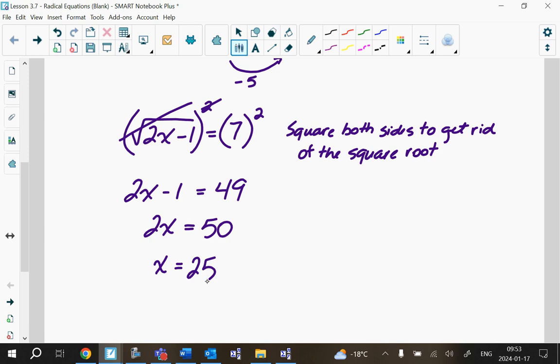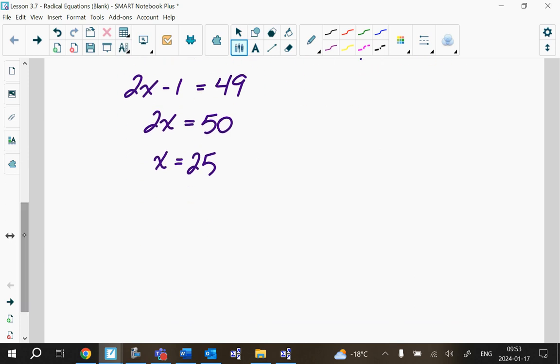However, there is one extra thing we must do with radical equations. We must check our answers. We must check by substitution. Because, and we're going to find this out in another example, sometimes when you square both sides, you're going to get a solution or a root that actually is not a solution or a root.